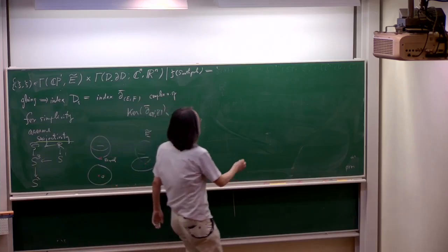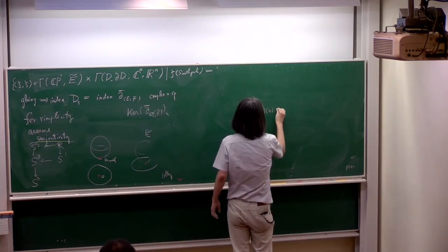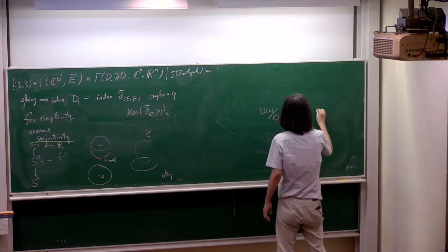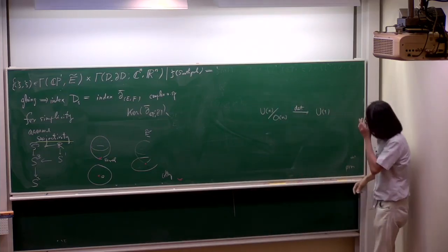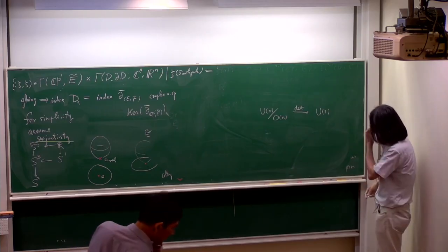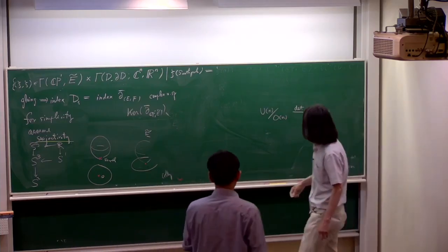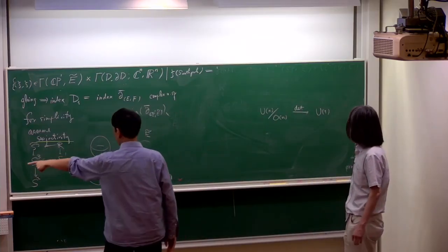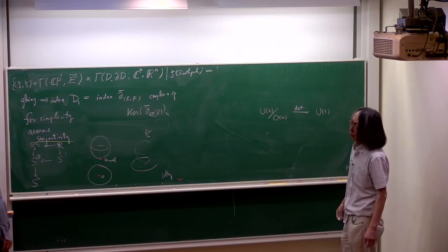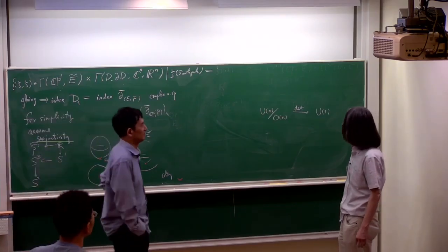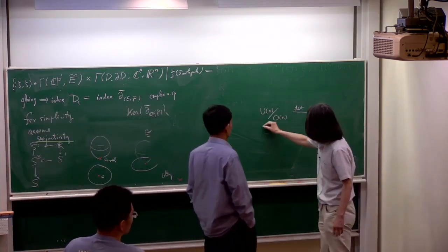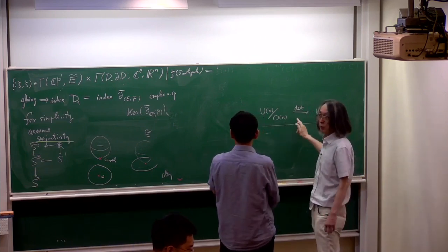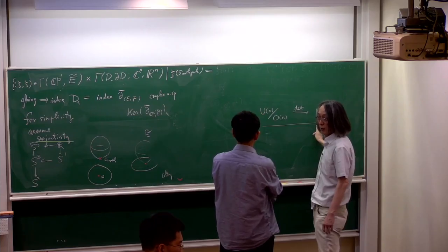I think it's this: UN and UN, and you have this determinant going to U1. So if X is, for example, metaplectic, yes. But the point is that it induces an isomorphism on pi 1, right?